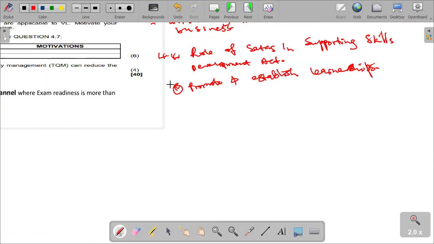Two, they collect levies and pay out grants as required, which is from the various stakeholders.